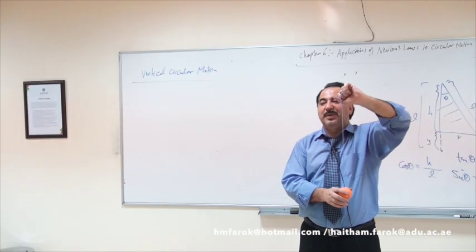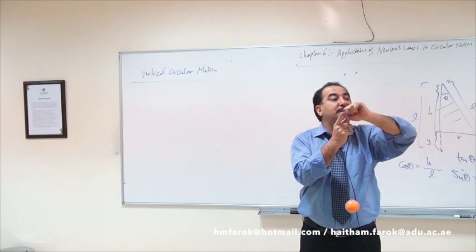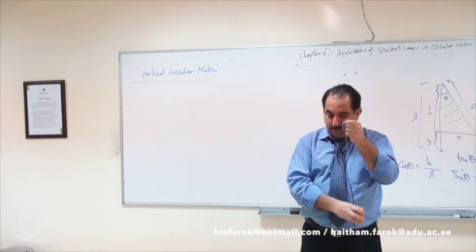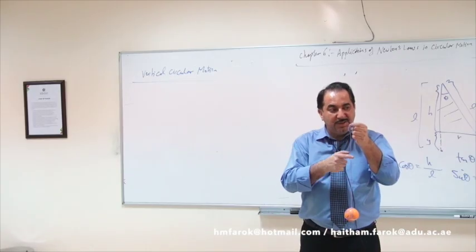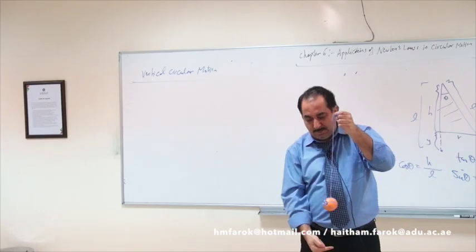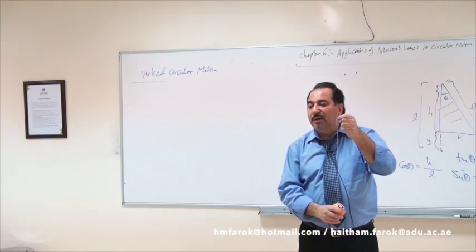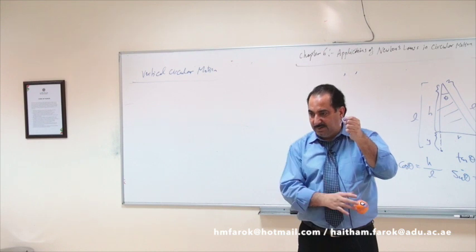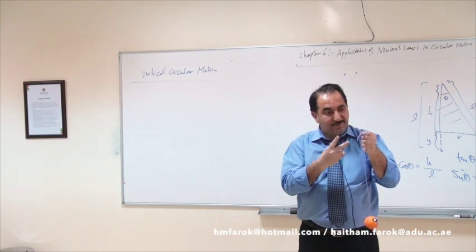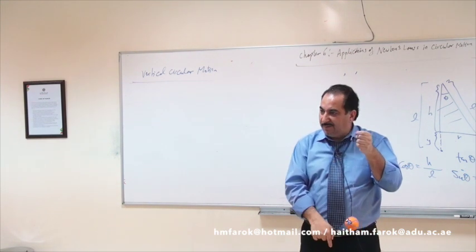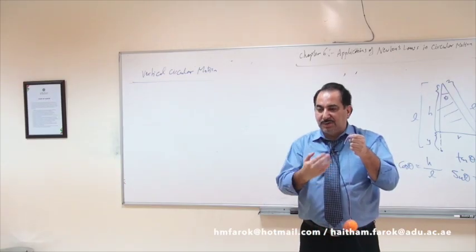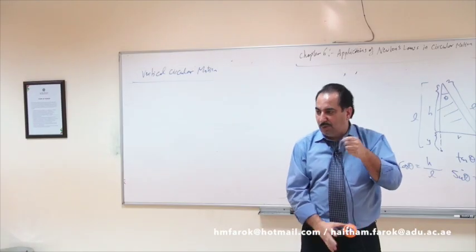No. Which one is big? The one towards the center. So at the bottom you have F tension minus small Fg equal Fc, the net. So here we have two forces, one towards the center, one off center. What's the total towards the center? Big minus small equal Ma.